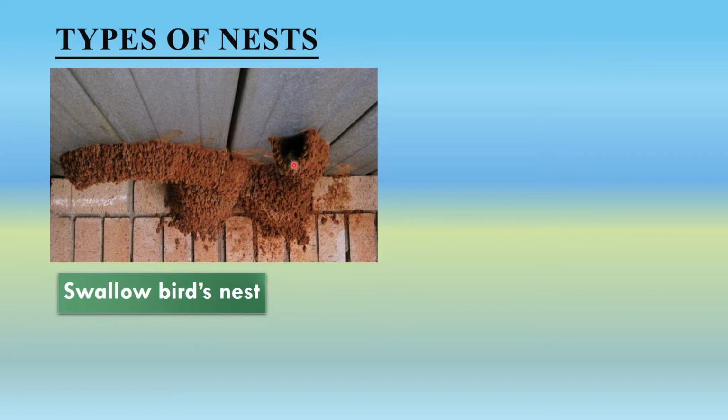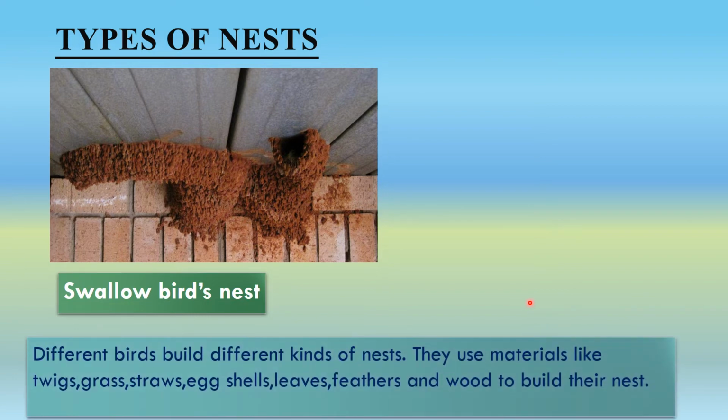Okay. Children, from where do the birds get the material to build their nests? Can you answer me? Birds collect the material to build their nests from the area in which they live. Different birds build different kinds of nests.